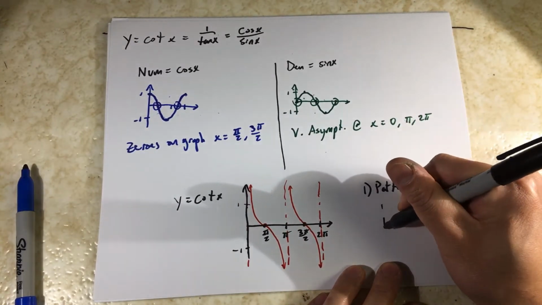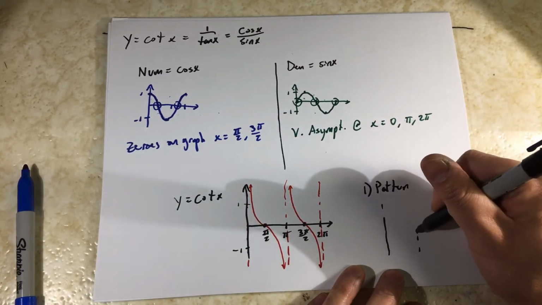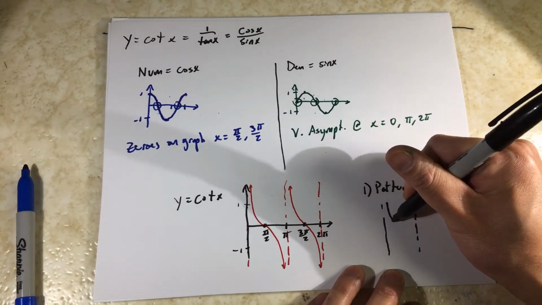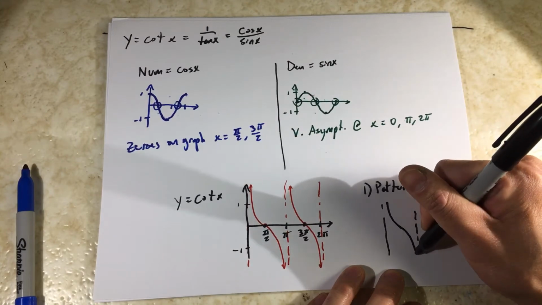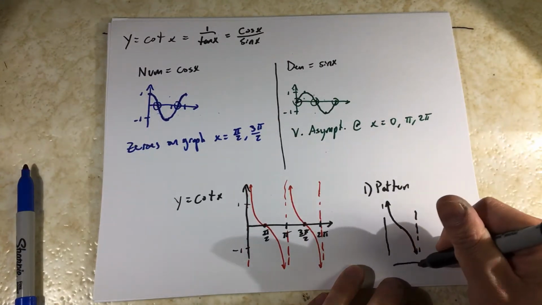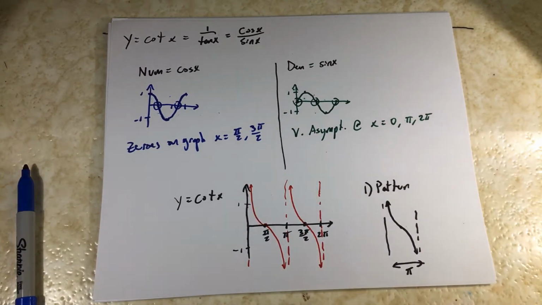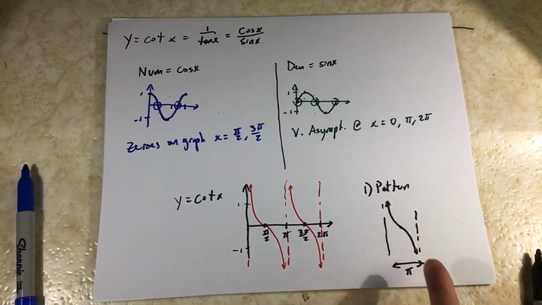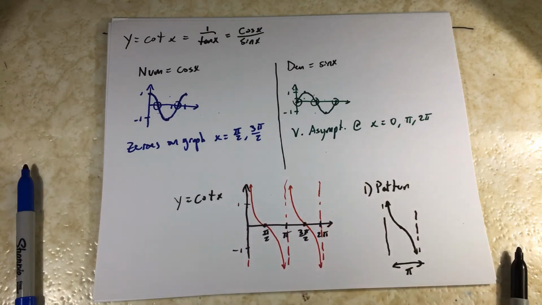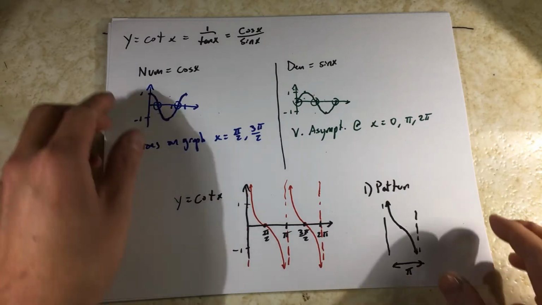Our pattern is basically kind of like this, and it repeats every pi radians. I'm not sure exactly what you would think this looks like. Maybe some sort of worm, an infinite worm.